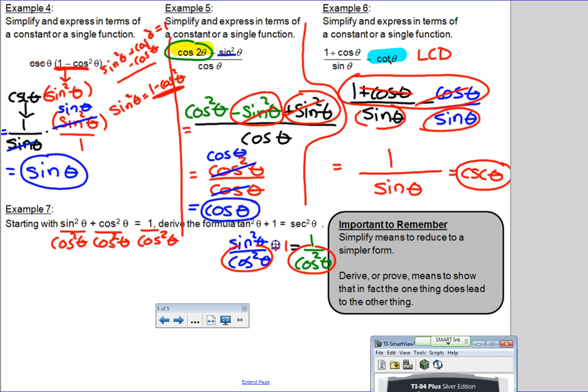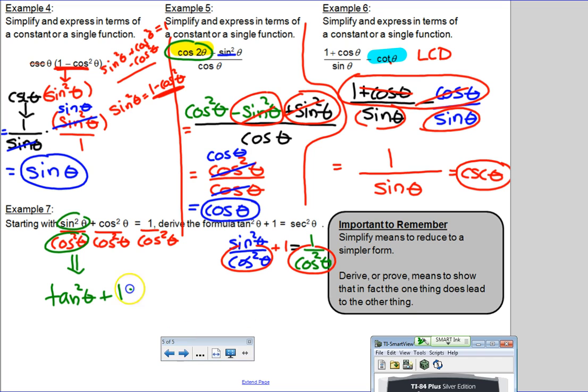When I divide out cosine squared, sine squared over cosine squared is tangent squared. Cosine squared over cosine squared is itself, so it makes 1 when you divide 2 of the same. And then 1 over cosine squared is secant, so that's going to be secant squared. And we just derived the formula.